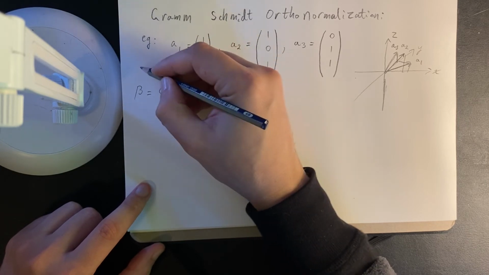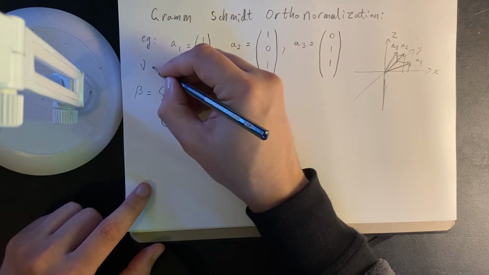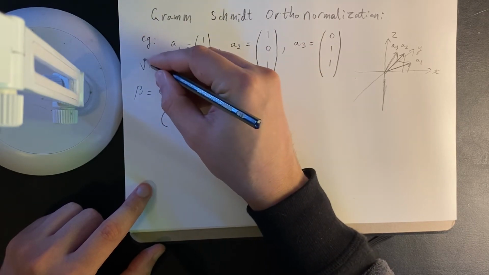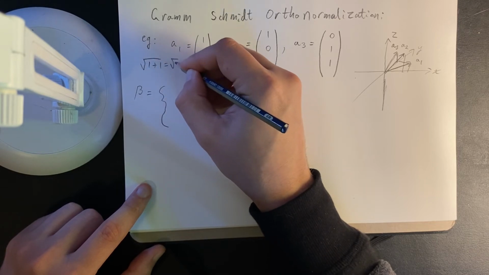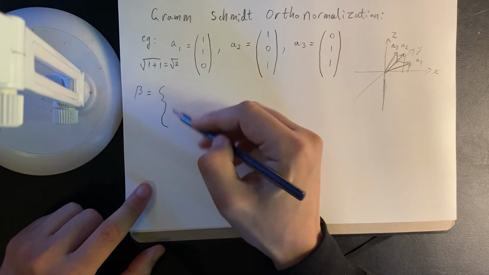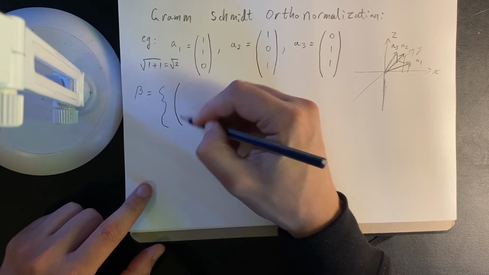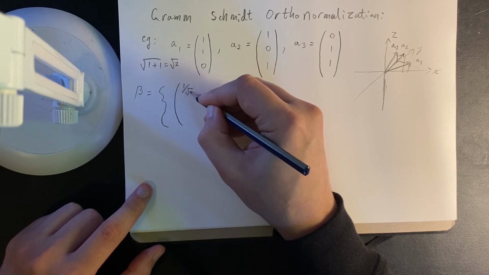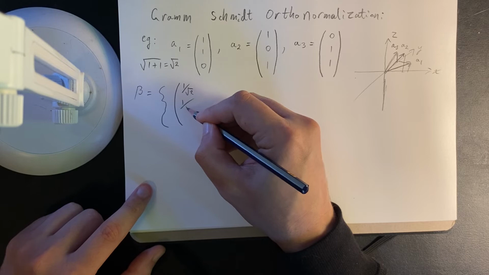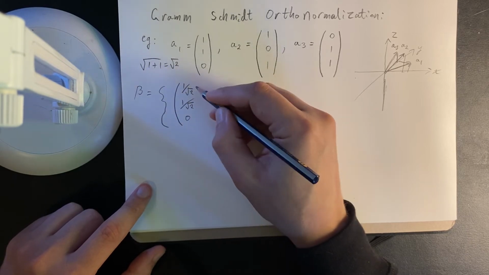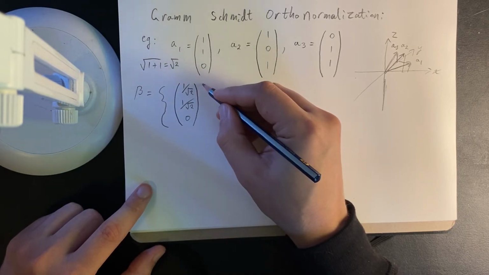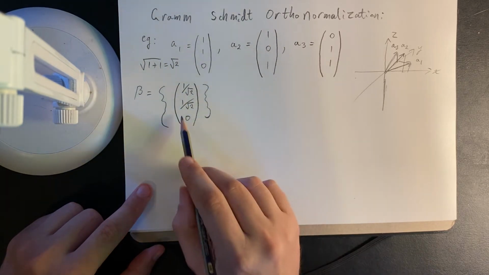The magnitude here is 1 squared plus 1 squared, which is square root 2. So as I throw it in, I normalize it: 1 over root 2, 1 over root 2, 0. That's the only vector that I have in there.